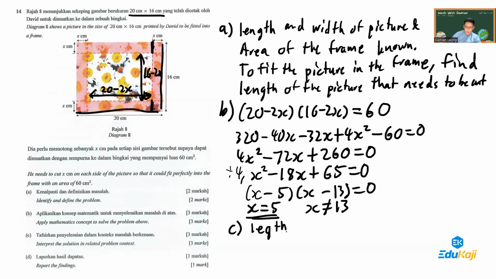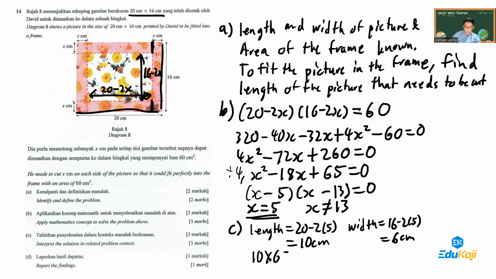Length is basically 20 minus 2x, x is 5, so 10 cm, with width 16 minus 2 times 5, 6 cm. So 10 by 6 gives us the 60 cm squared.